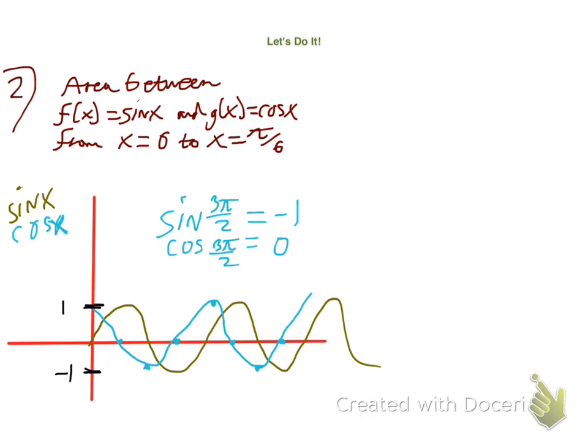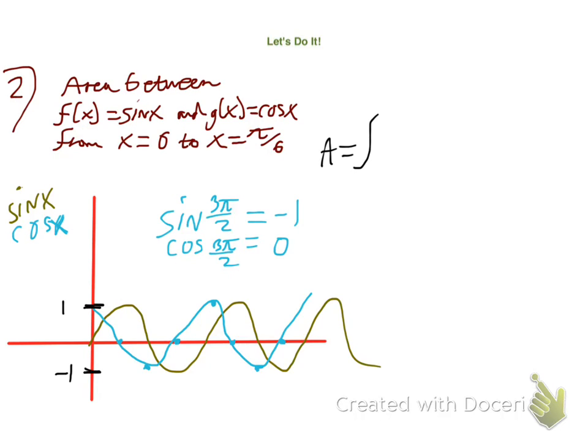And so now we can finally get to setting up the integral part, right? When it comes to finding the area here, which involves taking the definite integral, well, first our limits. They give us our limits: x equals 0, x equals pi over 6.